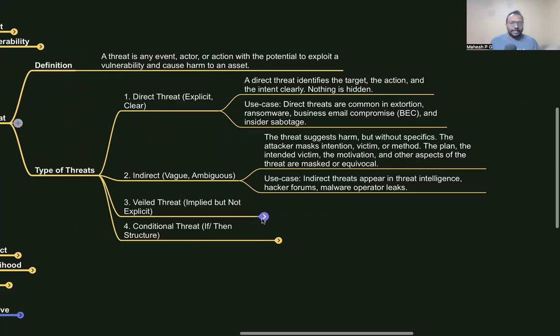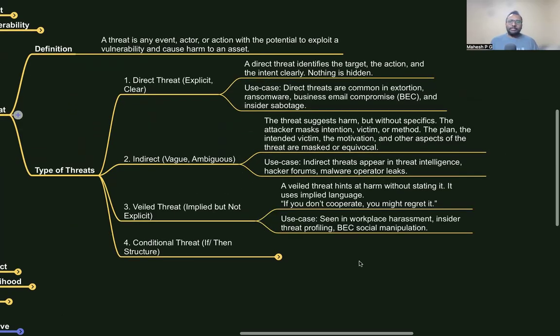A veiled threat is also about harm without stating it. That mostly comes from internal sources or insider threats, like: if you do not do this, you will face the repercussions. That is implied but not explicit.